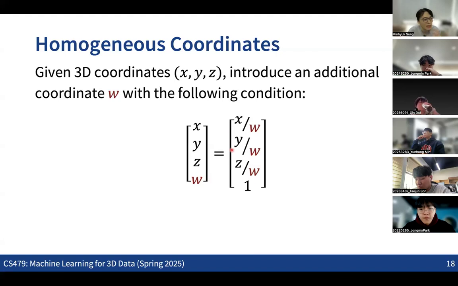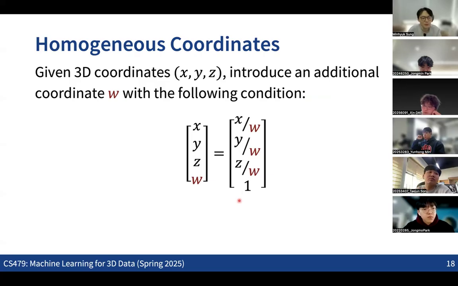So while we have different coordinates for those two vectors, we assume that these two represent the same point, the point with coordinates x over w, y over w, and z over w. So we are just adding another dimension with this equivalence relationship across the coordinates.